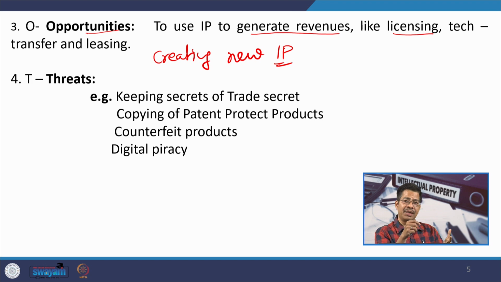That itself is a big threat, that I have only 4-5 patents or IP assets in my portfolio, and my competitors have hundreds of patents and IP assets. So, the weakness of size itself is an important threat for an IP portfolio. So, we got a basic idea of how SWOT is applicable to an IP portfolio.